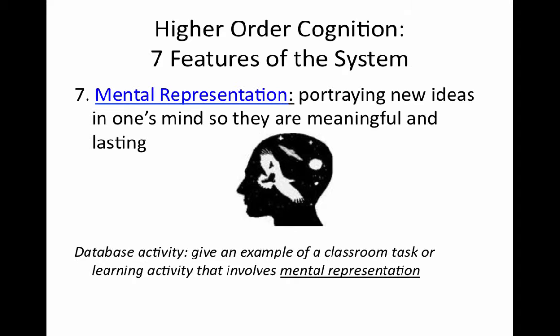If a student doesn't understand a new idea itself due to a weakness in language, or a student misses a concept entirely due to challenges with attention, then accessing and constructing a mental representation may be entirely impossible.